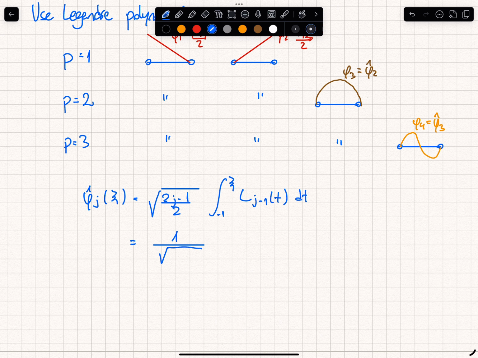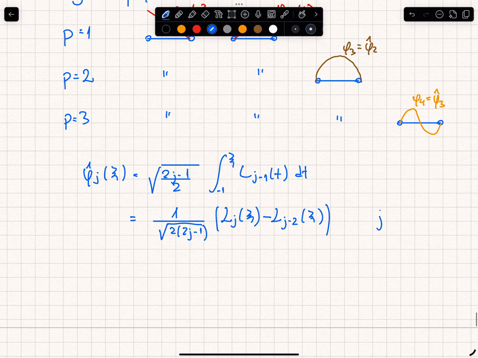Once you code them, you forget about them. So 2j minus 1, and then you have the Legendre polynomials popping up here like this. L_j minus L_{j-2} of xi. And then, of course, j from 2 all the way to order p.